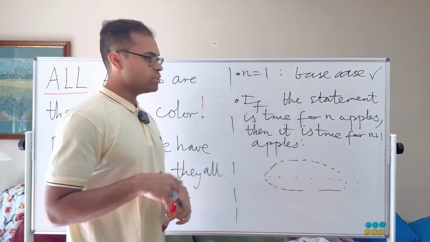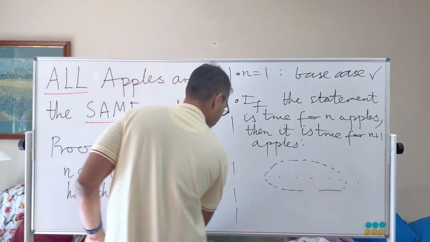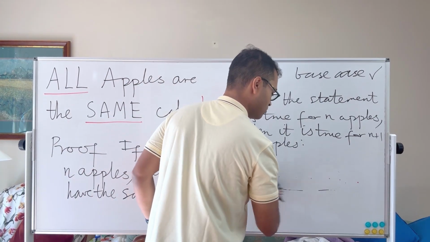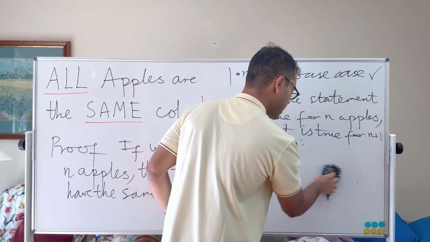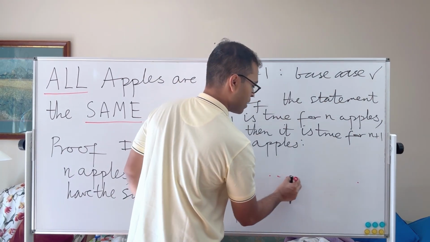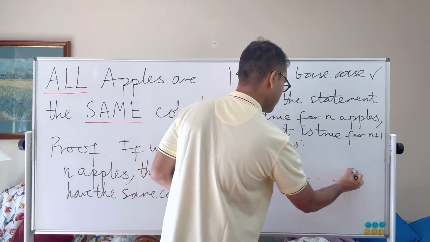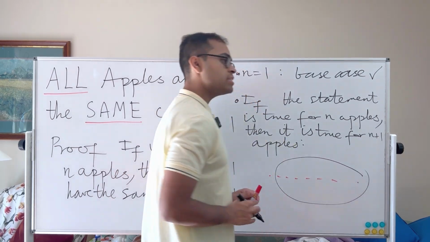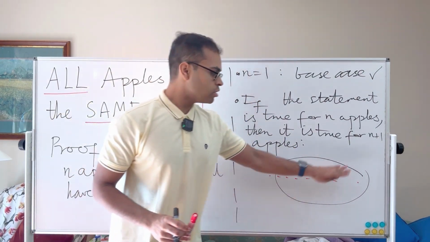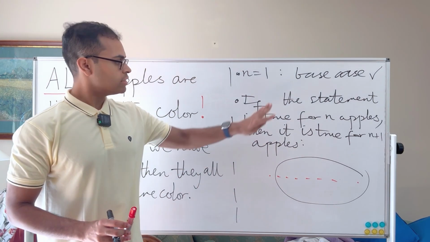But then we can do the same with another bunch of apples. So here I've drawn one bunch of n apples. Now I can draw another bunch of n apples, something like this. And the statement's also true: all those n apples have to have the same color. That's by the assumption.